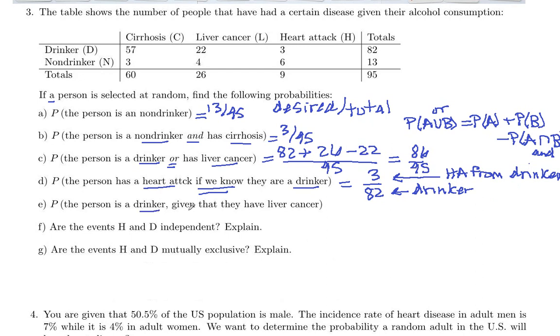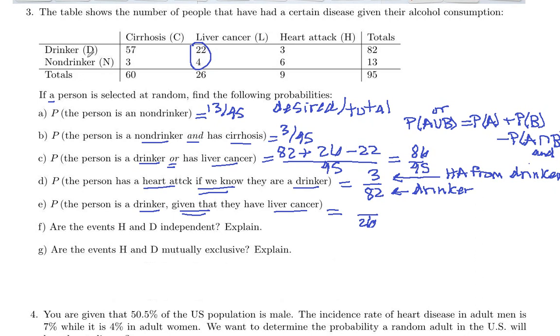Person is a drinker given that they have liver cancer. So again, that's conditional probability. Liver cancer is given. That's your total outcomes. So on the bottom, our total for liver cancer here, that column is 26. And so our total outcomes down here are 26. And then out of those 26, we want to know how many are drinkers.